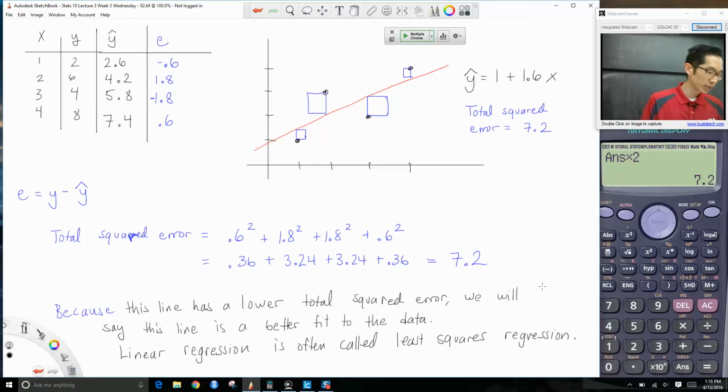Okay, and so I'm going to skip all of the math that goes into how we figured out what our intercept and what our slope is, okay?